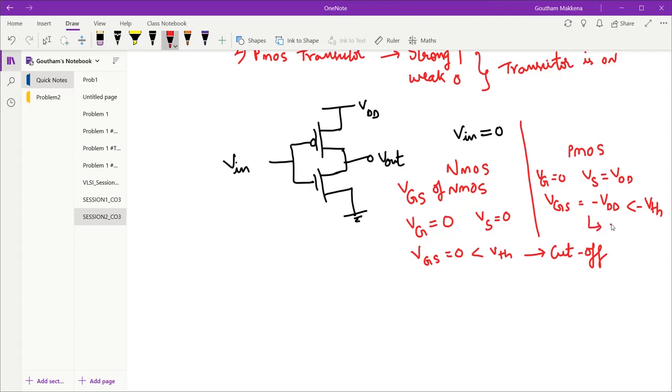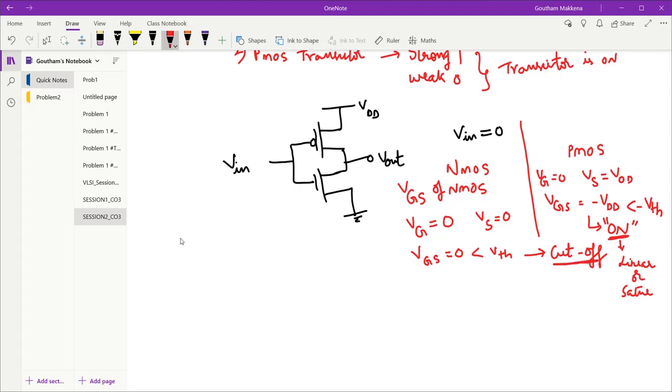So this transistor is on. Of course, this may be in either the linear region or the saturation region. That doesn't matter to us. All that matters is this transistor is switched on, whereas the other transistor is cut off.